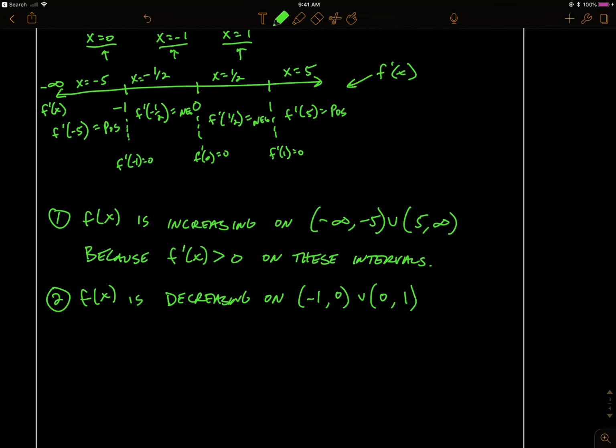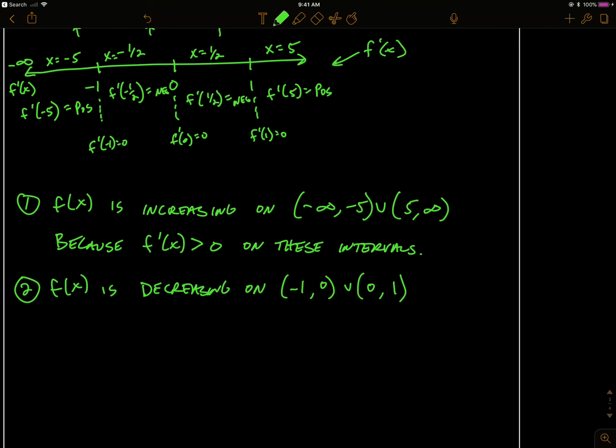So f of x is decreasing on that interval because f prime of x is less than 0 on these intervals.